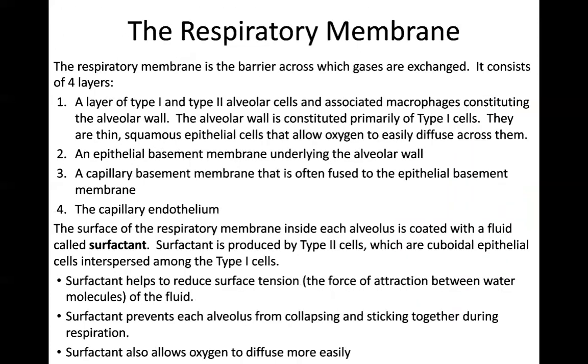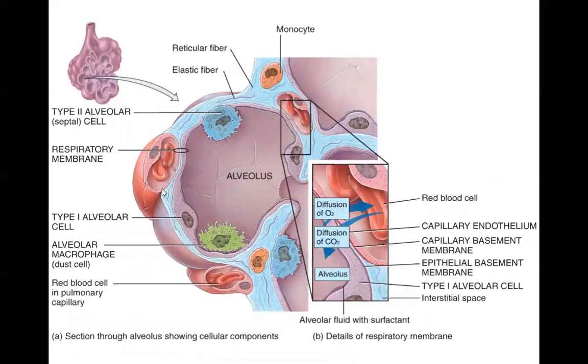Okay, let's talk about the respiratory membrane that relates to those alveoli and the pulmonary capillaries that surround them. The respiratory membrane can be thought of as a barrier across which the gases are exchanged, and it consists of 4 layers illustrated here on the next page.